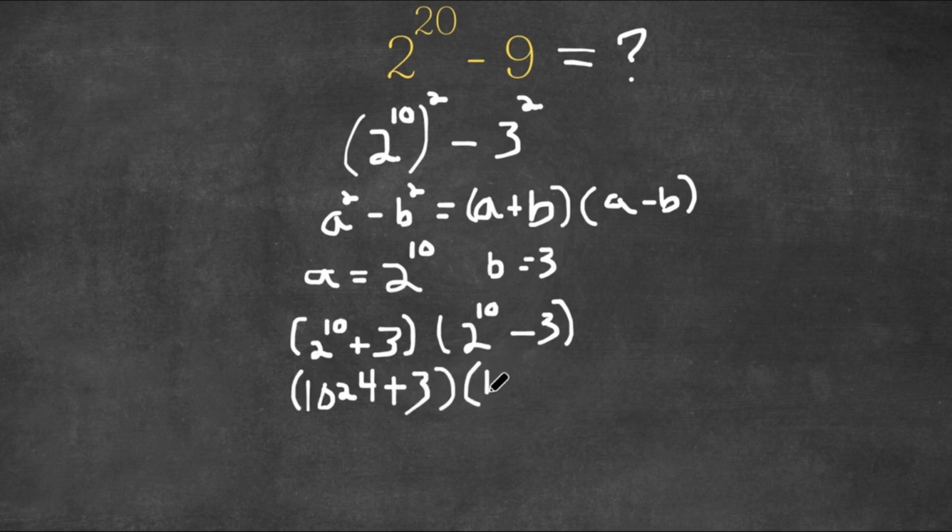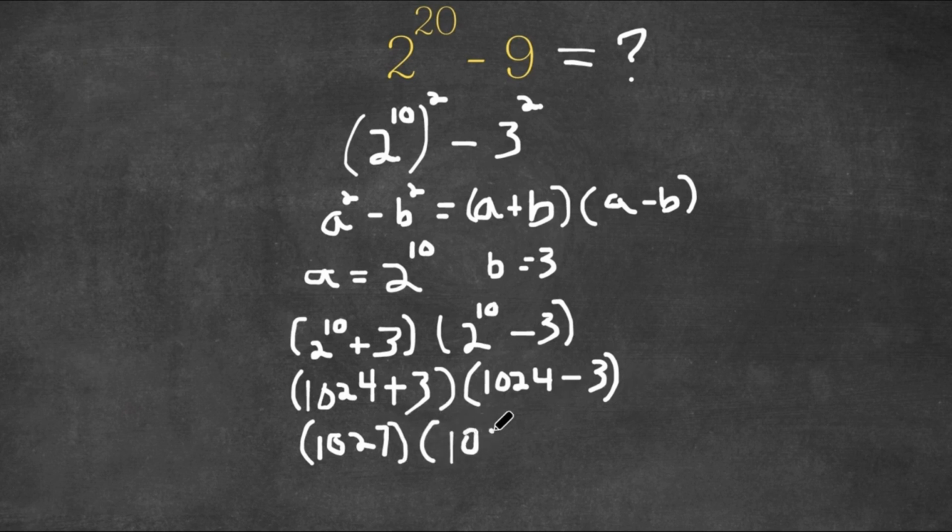And now we have 1024 minus 3. Now 1024 plus 3 is 1027. And 1024 minus 3 is 1021.